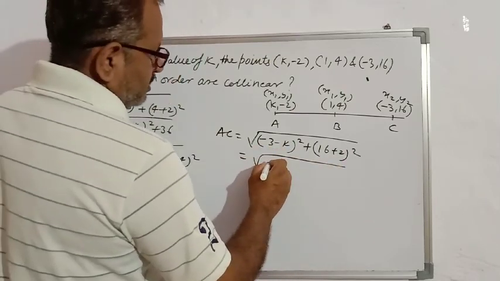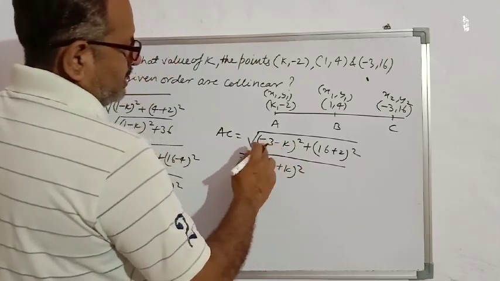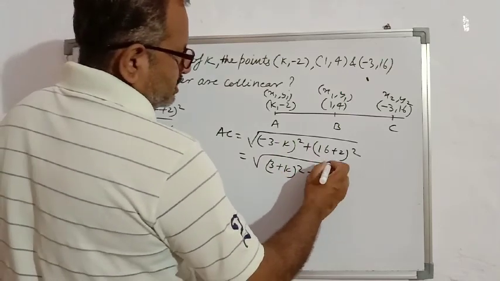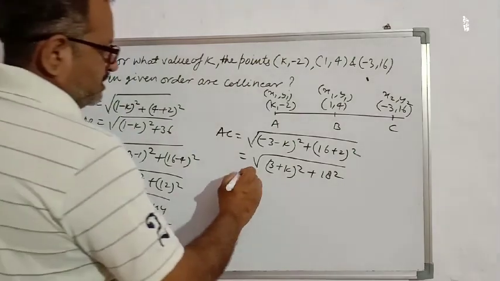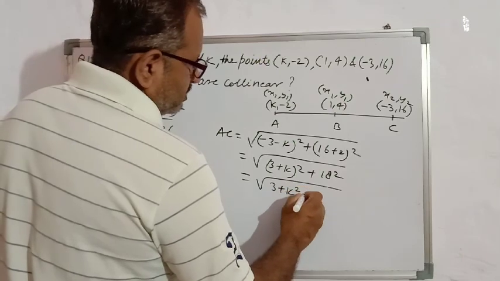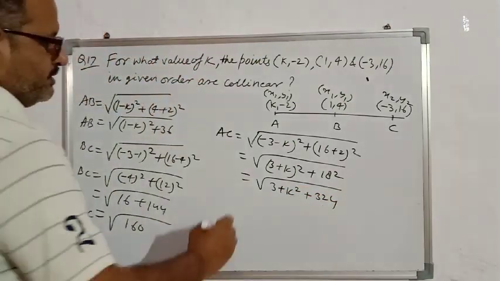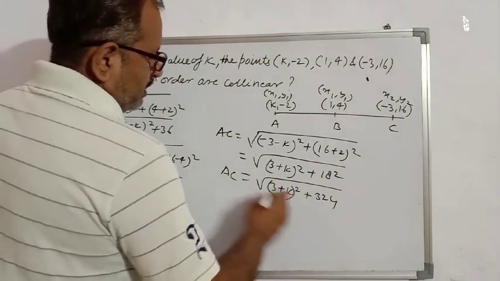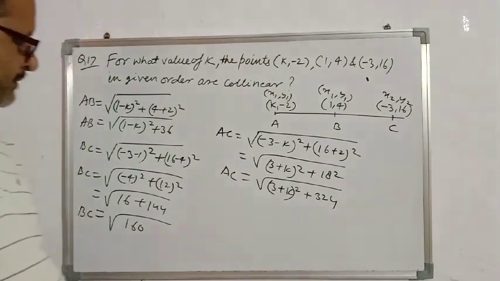Minus 3 minus k whole square, we can write it 3 plus k whole square, since both have the same sign, taking the minus sign common. 16 plus 2 is 18 whole square. 18 whole square is 324. So AC is under root 3 plus k whole square plus 324.